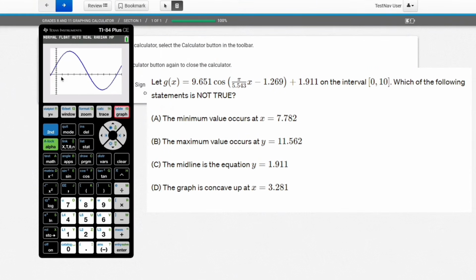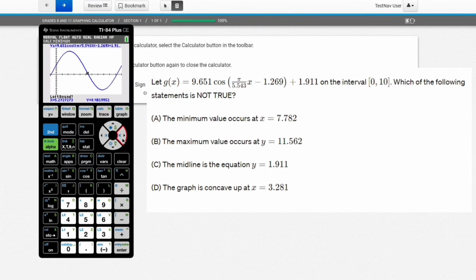Now, I only care about stuff between here and 10, which is right here. So I need to find the lie. So let's see if A is true. The minimum value occurs at x equals 7.782. So I need to find the minimum value, which is going to be right there. To find a minimum, we go to second calc. There's the word minimum, so we can hit 3 or scroll down and hit enter.